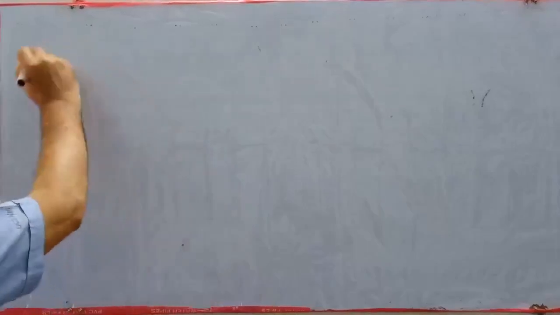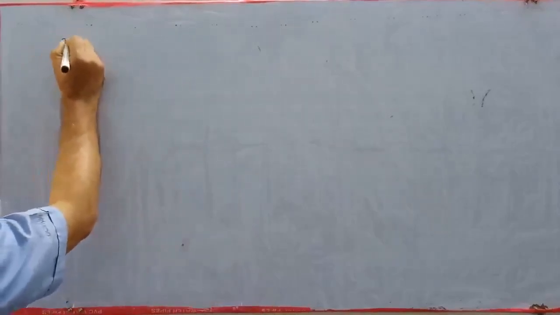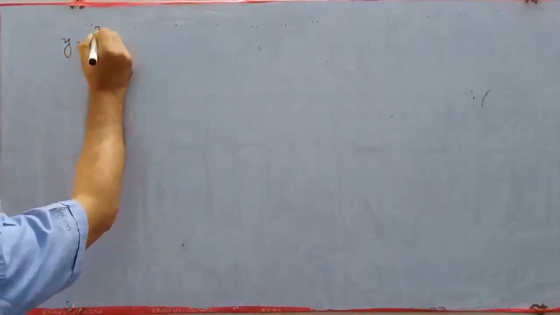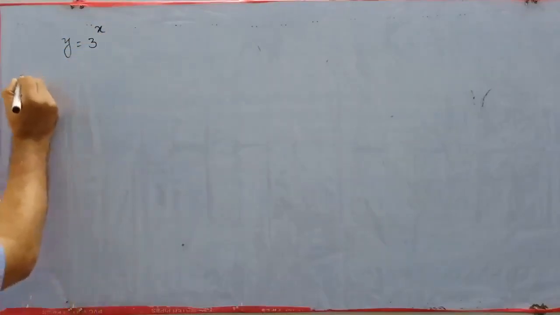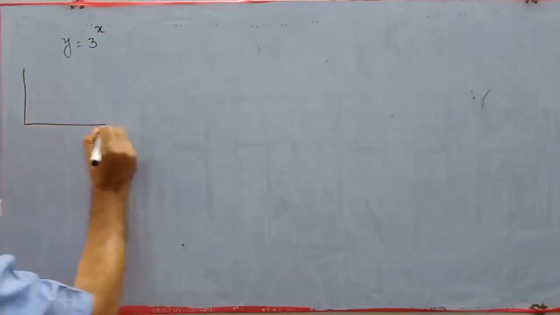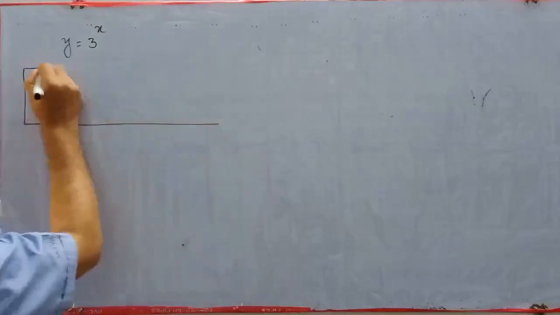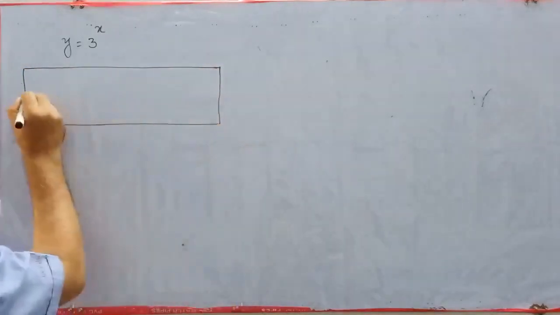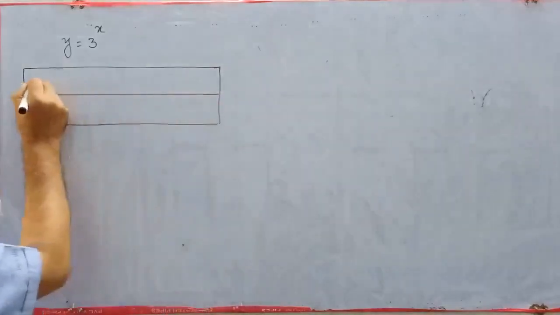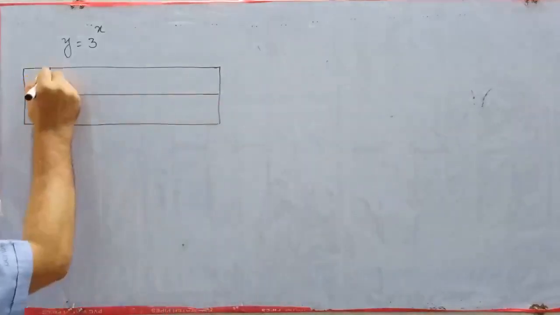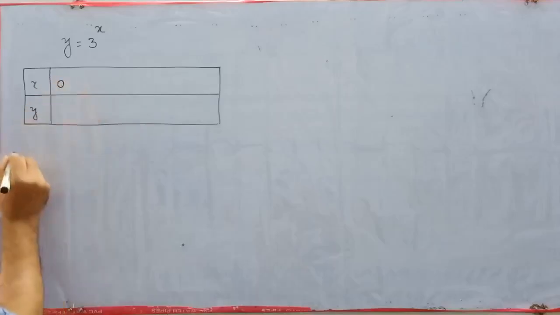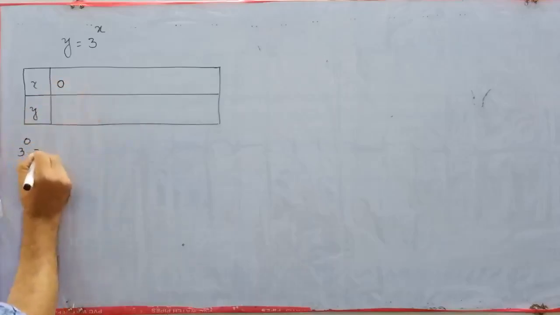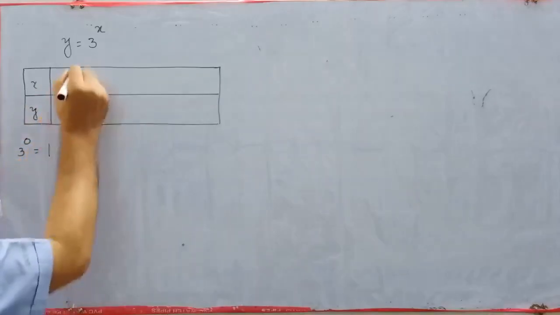Okay children, next one more graph, that is the y is equal to 3 power x graph. Now you take the values of x, then you will get the values of y. First x is equal to 0, 3 power 0 is equal to 1, anything to the power of 0 is 1.